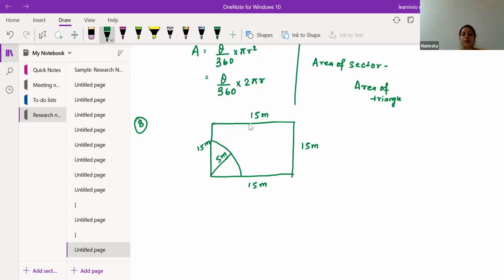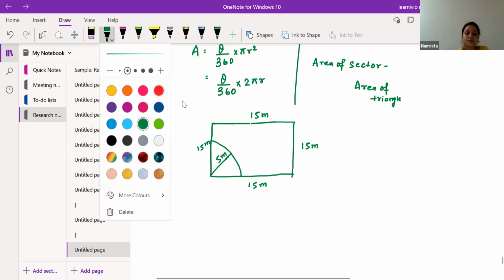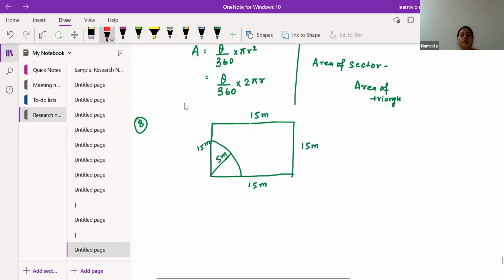Okay. Now this part is what? If I separate this figure, this much part he will be able to graze, where the radius is 5. This is 5, and here this angle is 90 degrees because it's a square.